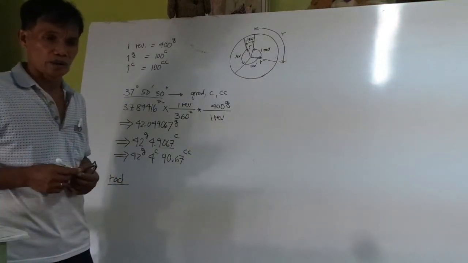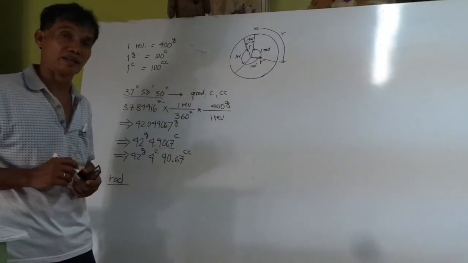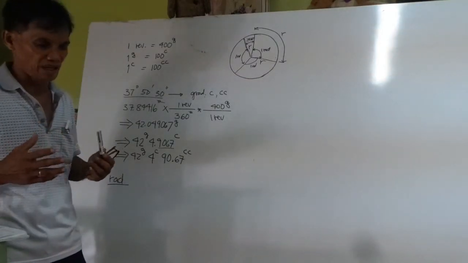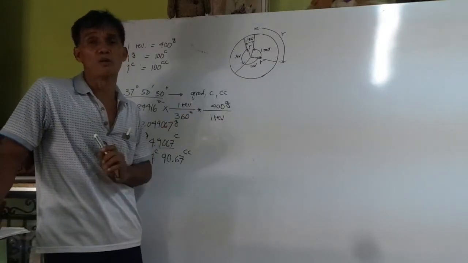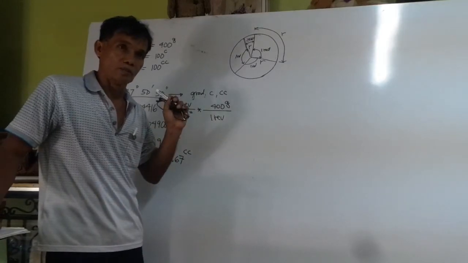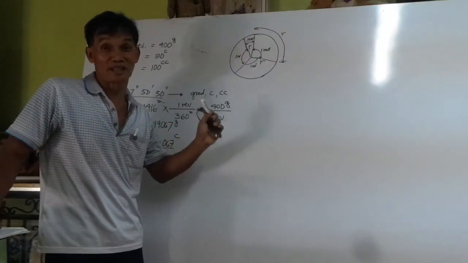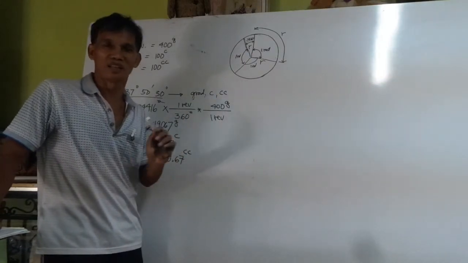The other units that we have are the linear units. Being an engineer, you have to memorize the common units. For example, what is the equivalent of meter in kilometer? We know that 1 kilometer is 1,000 meters.